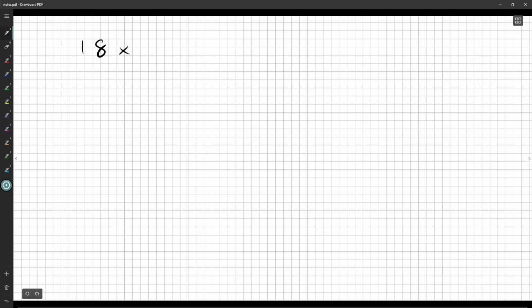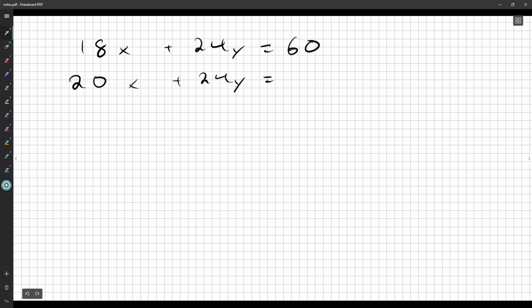So I'll have 18x plus 24y equals 60, and then we will have, what was it, 5 times 4, so 20x plus 24y equals 4c. Subtract, or rearrange so the 20 is on top.